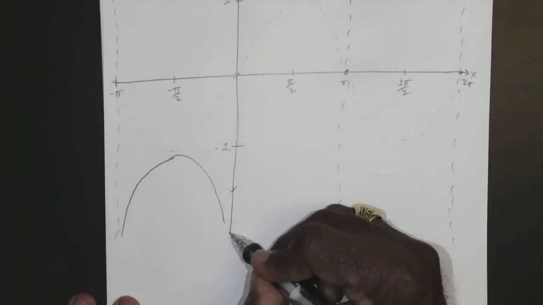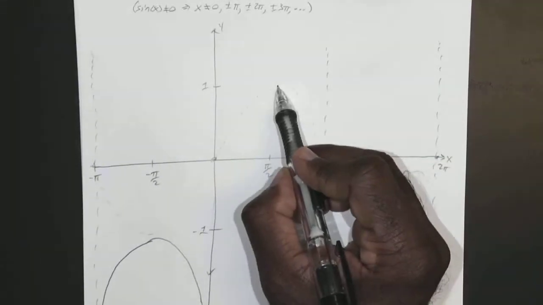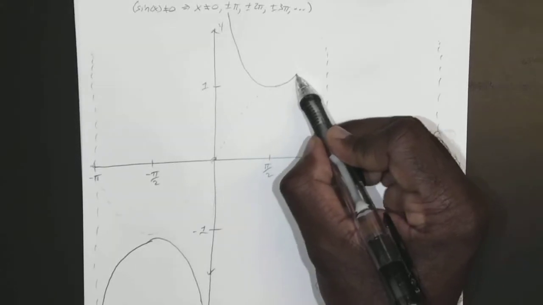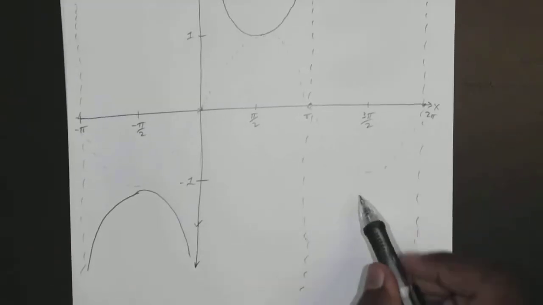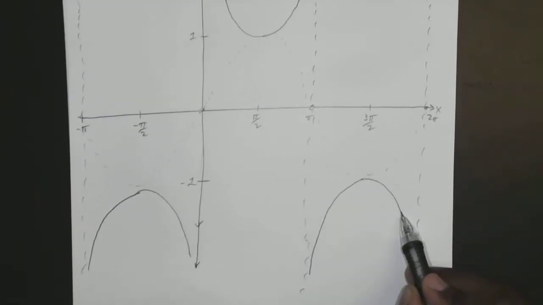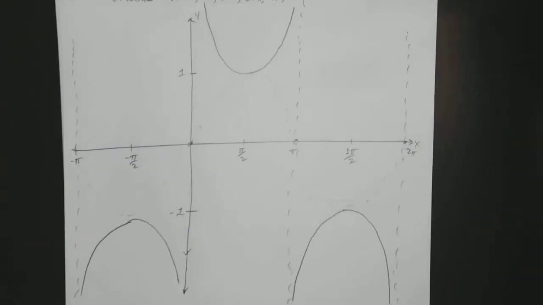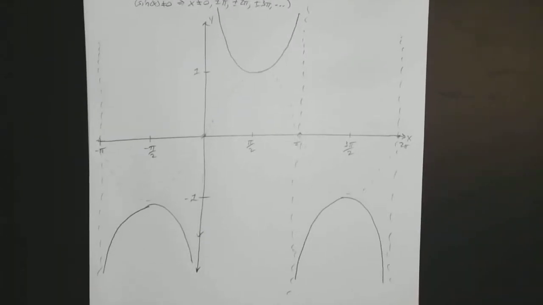That goes all the way down. Even this portion here, you just flip it right across there. This portion here, you just flip it right across here. If you back up a little bit, you can hopefully see that's actually a graph of cosecant.